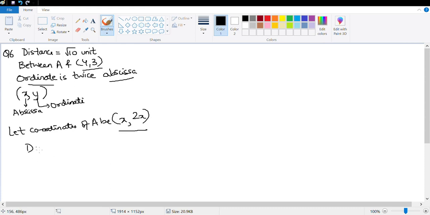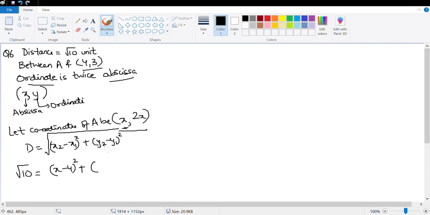So d is equal to the square root of (x2 minus x1) whole square plus (y2 minus y1) whole square. So here distance is given equal to root 10, which is equal to the square root of (x minus 4) whole square plus (2x minus 3) whole square.